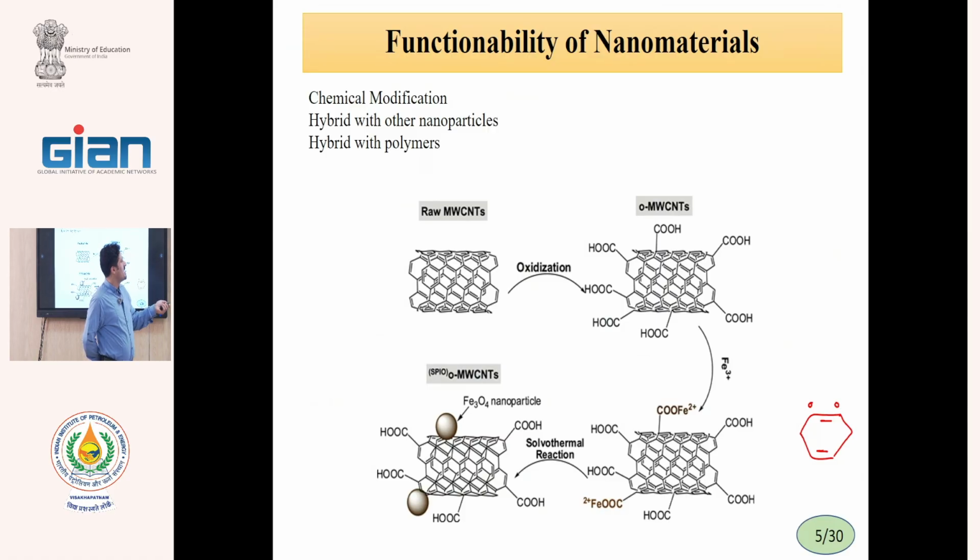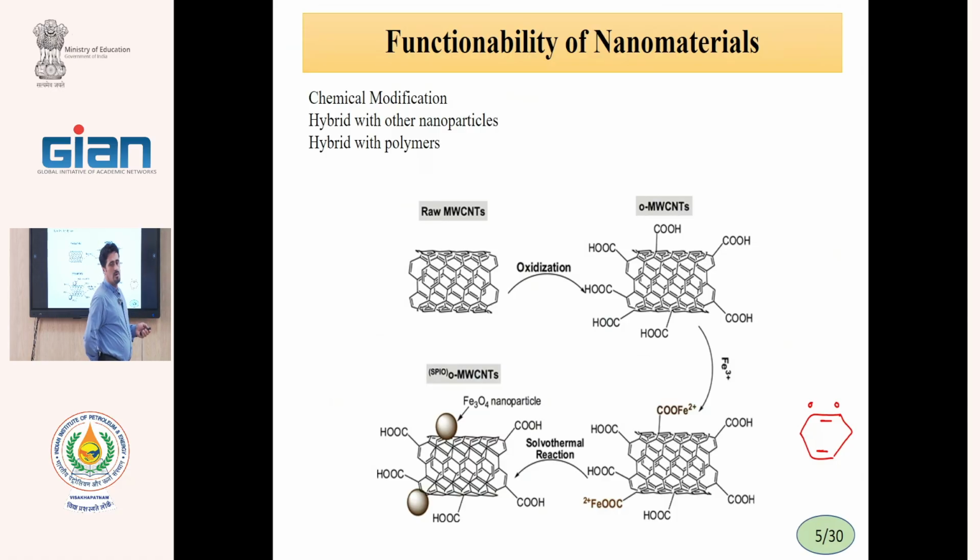We change it positively and negatively. We add here an ion and cause antibacterial properties and others. Therefore, we can change most of the nanoparticles with chemical modification and produce different categories of nanomaterials for different applications.